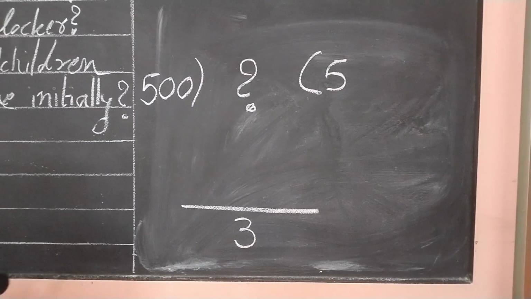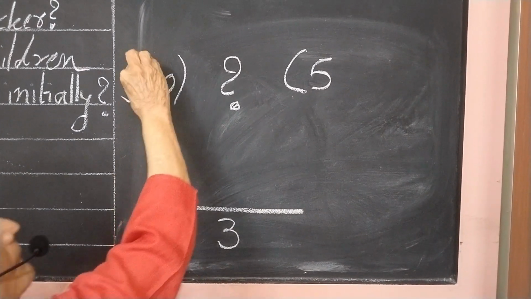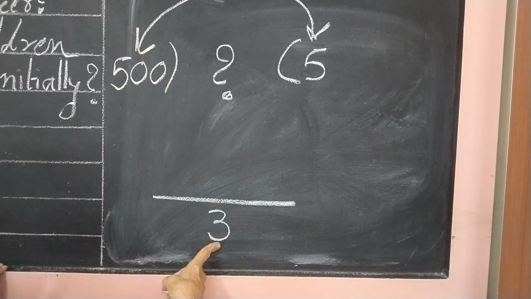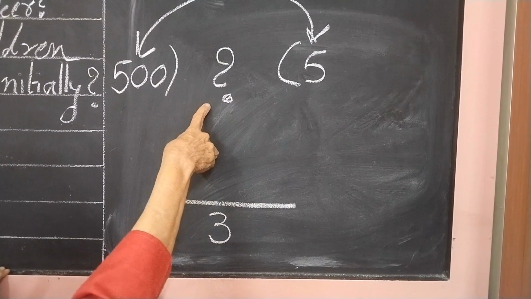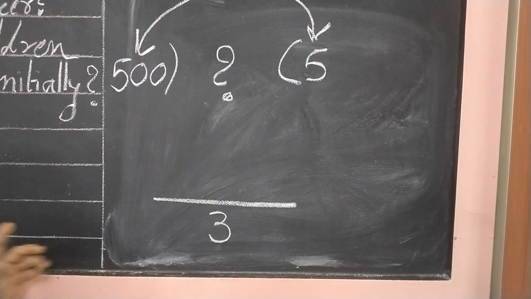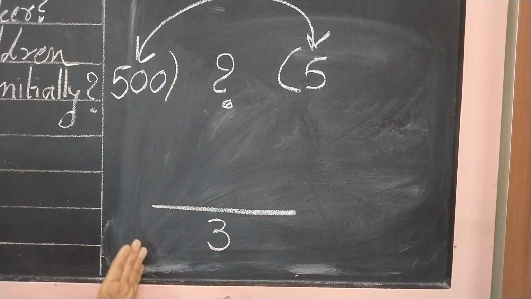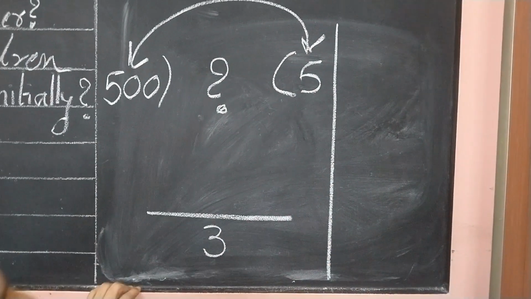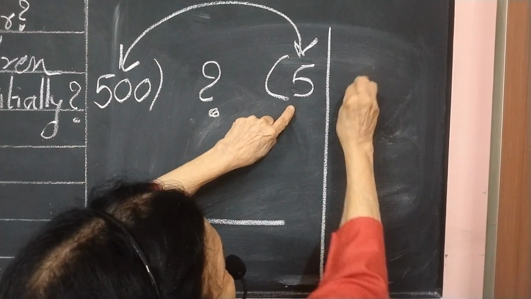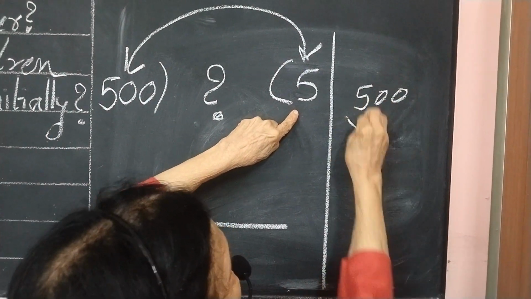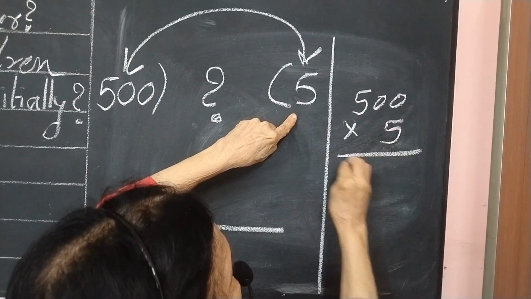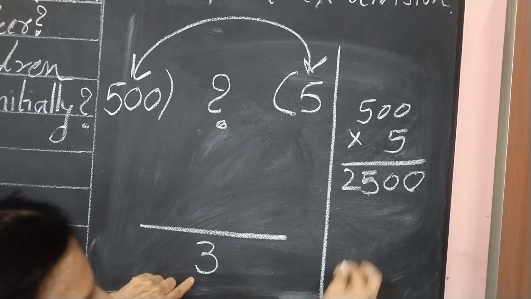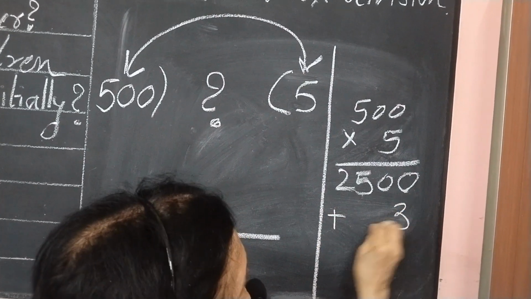So we will have to first of all multiply these two and add this to get the dividend. So actually the division sum turns into a multiplication sum. 500 into 5 makes 2500, plus remainder 3.